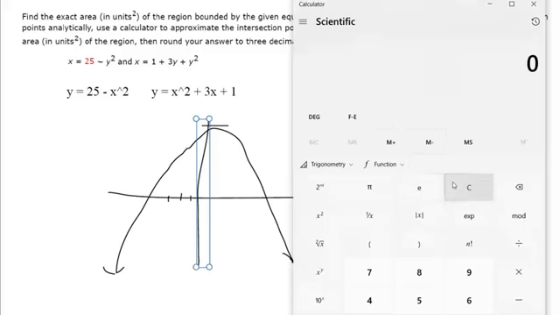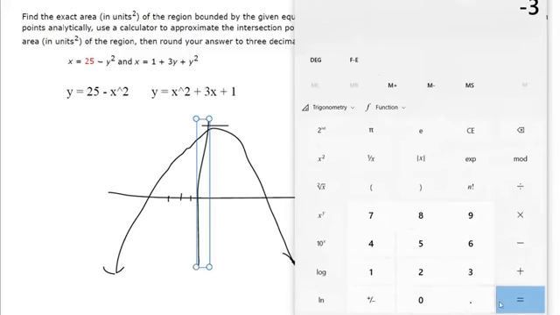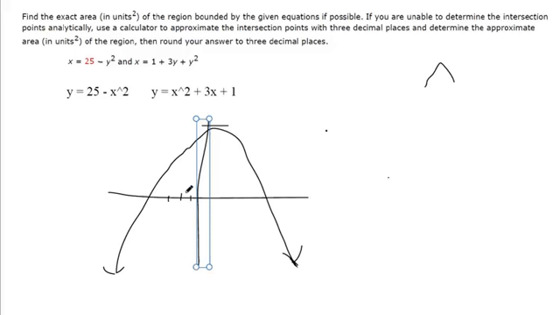Negative 1.5 times 3, plus 1, and then negative 1.5 squared plus this. So negative 1.25. So at negative 1.5, negative 1.25 is the vertex of this. And again, I just use negative b over 2a to find that.